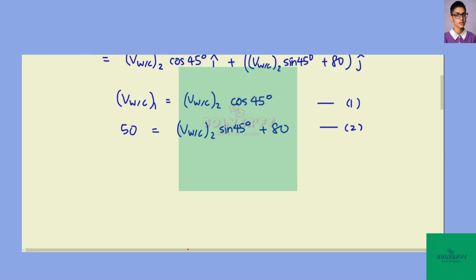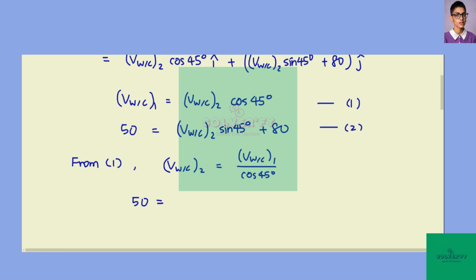So from 1, we are going to replace V_W/C2. This is equal to V_W/C1 divided by cosine 45 degrees. And we'll sub this into 2.